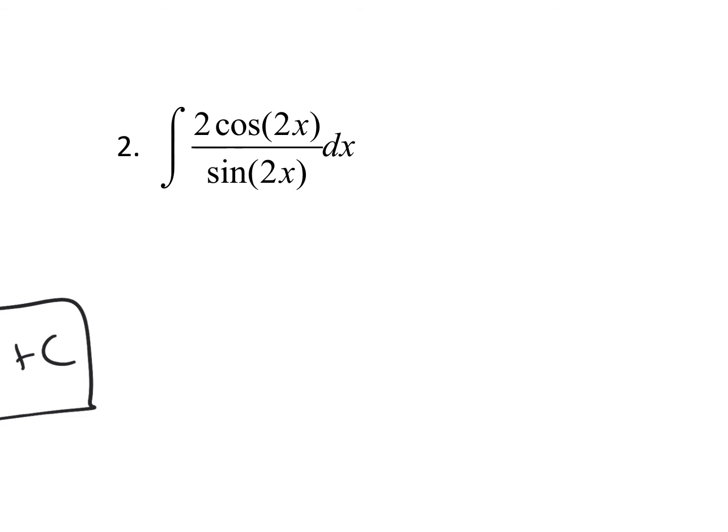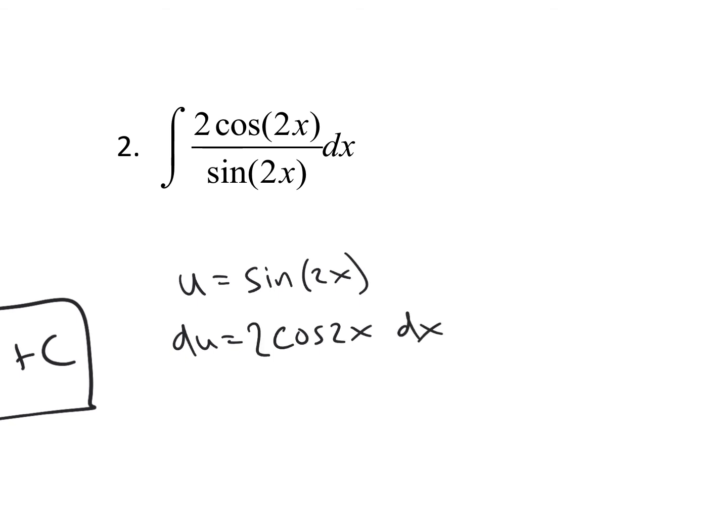Here, again, I've got this fraction, and I'm thinking, ooh, derivative of sine is cosine. Great. So I can start my u substitution with u is sine of 2x, and du is going to be cosine of 2x, but chain rule tells me I have to multiply it by 2, dx. That's perfect. It matches exactly what I wanted. Boom, boom.